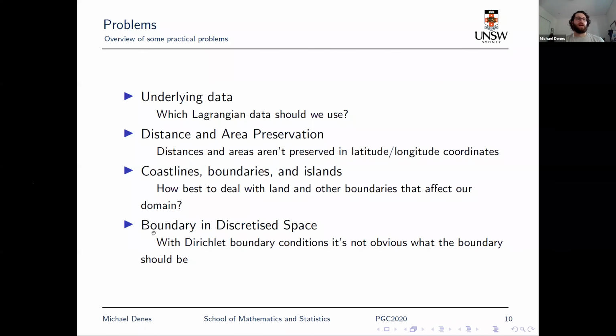And then lastly, how do we define boundary conditions for our Dirichlet boundary problem? Because it's not so obvious when we are discretizing a continuous space, what the boundary actually is.